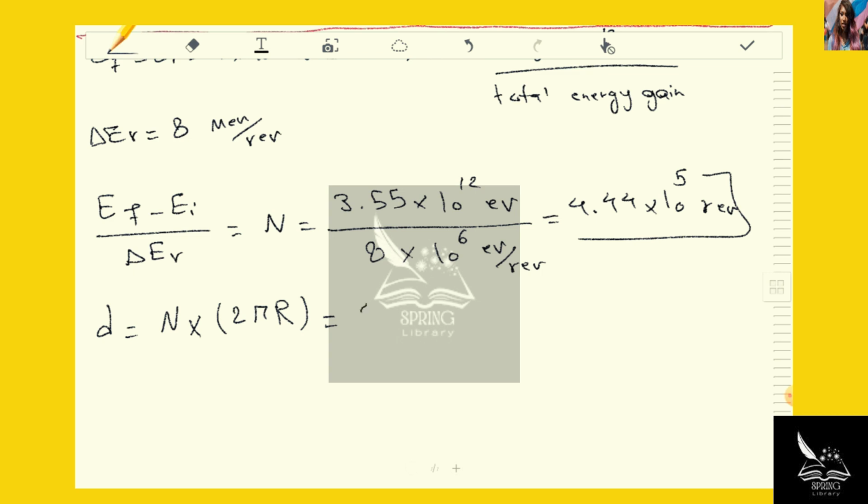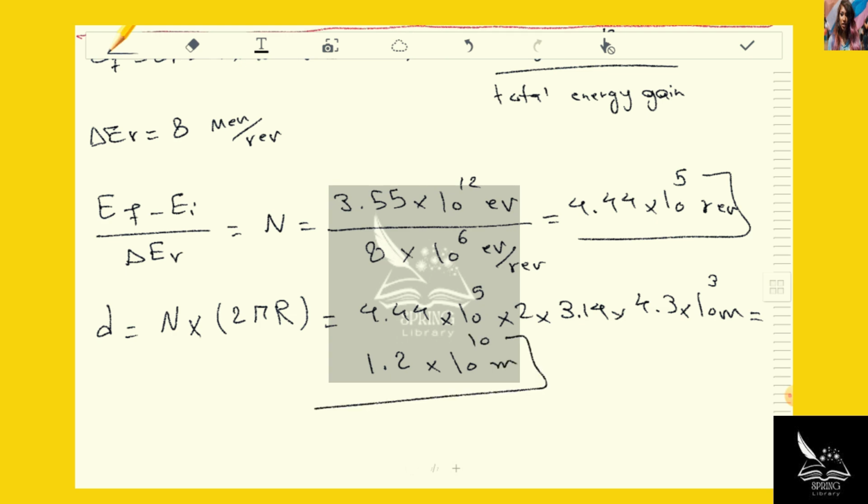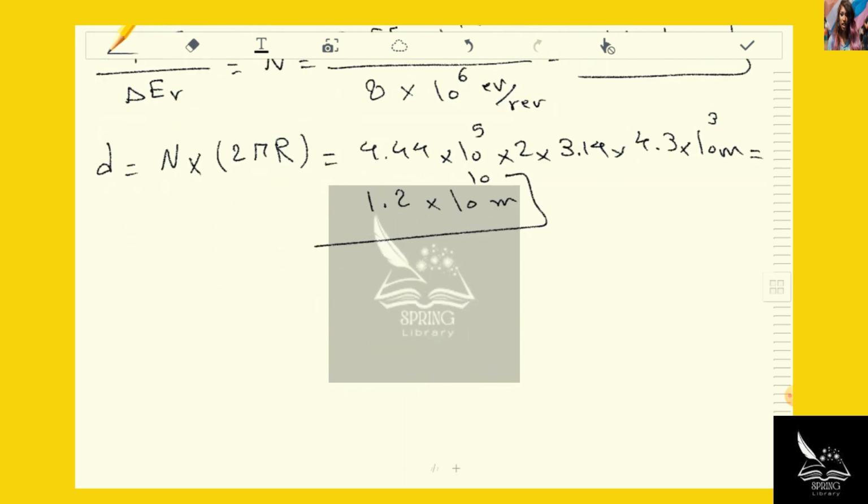And this is equal to 4.44 times 10 to the 5 times 2, 3.14, and times 4.3 times 10 to the 3 meter. And this is equal to 1.2 times 10 to the 10 meter. So this is how far the proton travels.